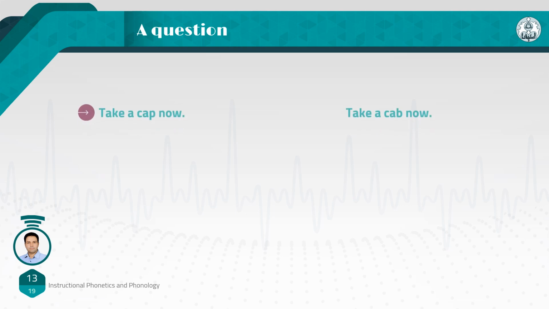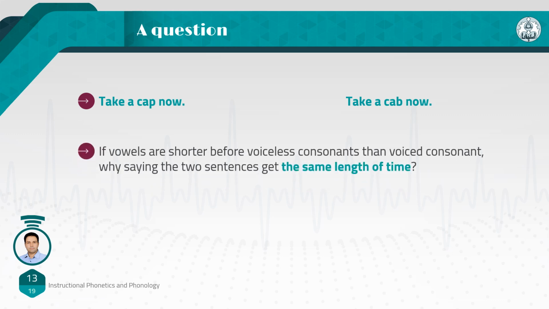Now, look at these two sentences. Take a cap now, take a cab now. If vowels are shorter before voiceless consonants, as in cap, than before voiced consonants, as in cab, why, when saying the two sentences, do they get the same length of time?